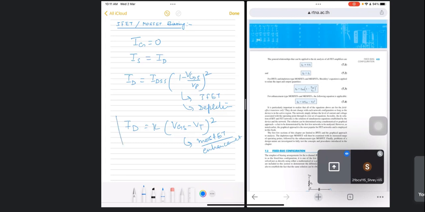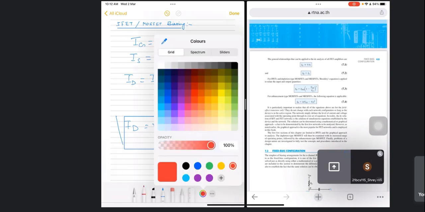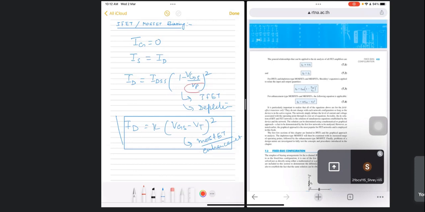Here it is more related to pinch off, and here it is more related to threshold voltage.